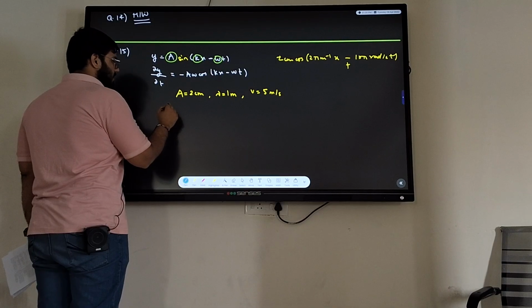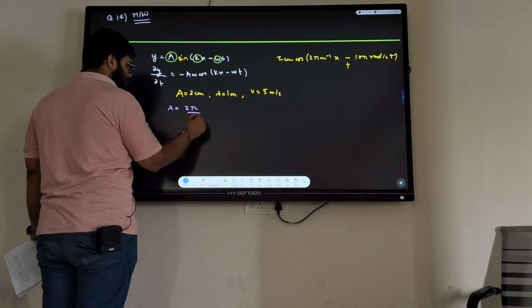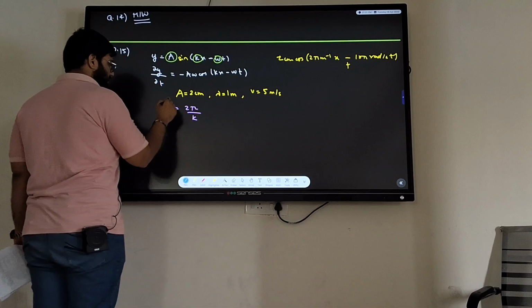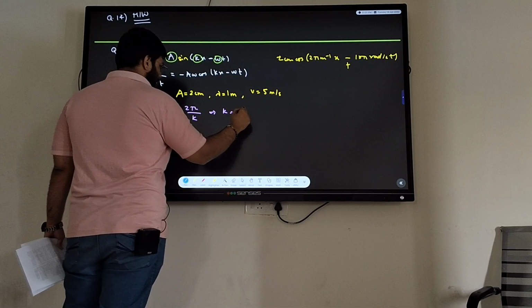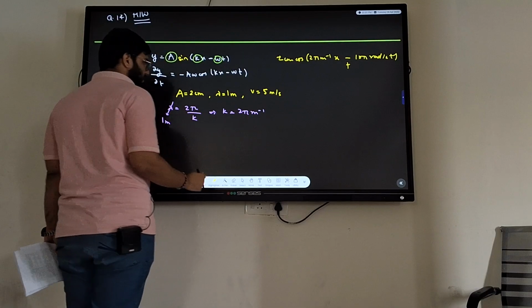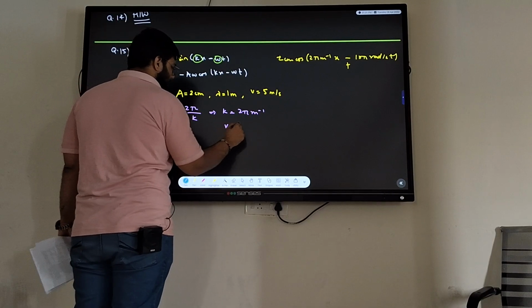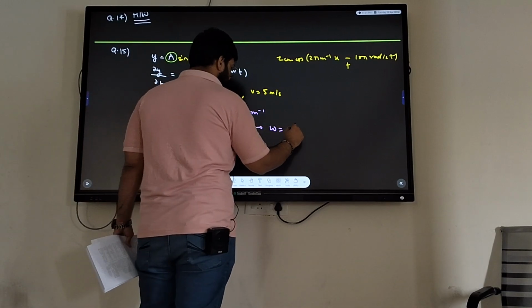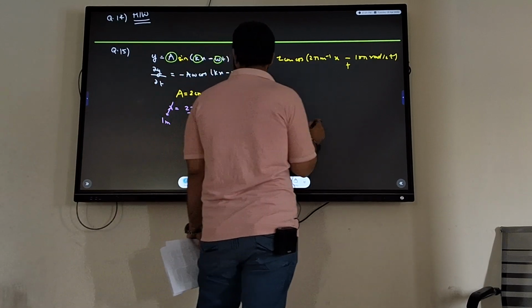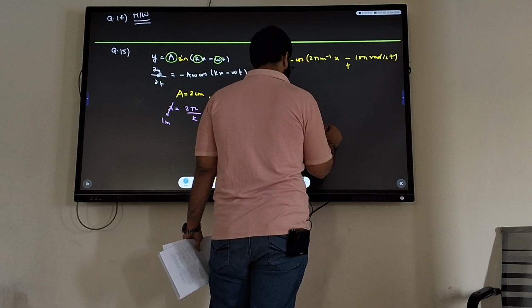So lambda is equal to 2π by k. This is 1 meter, so k is 2π meter inverse. And v equal to f lambda, v equal to omega by k, so omega equal to vk. What is v? 5. Into k, which is 2π.